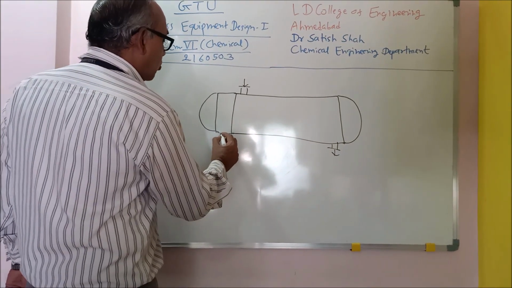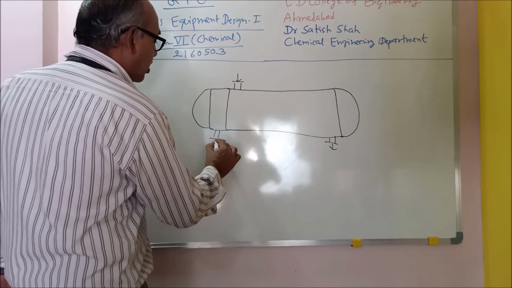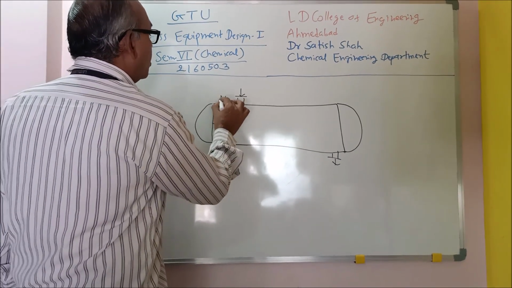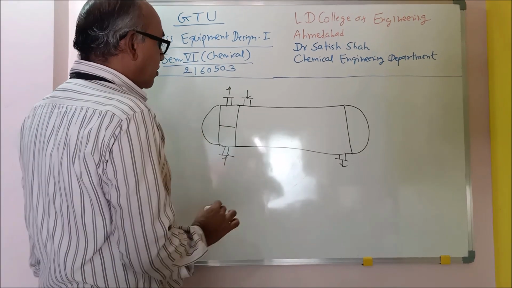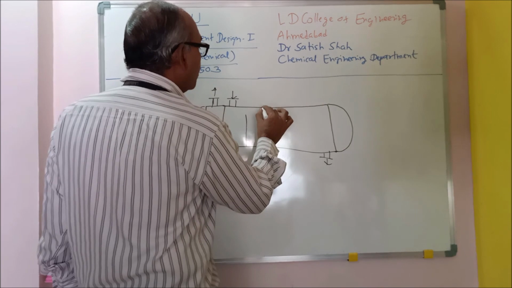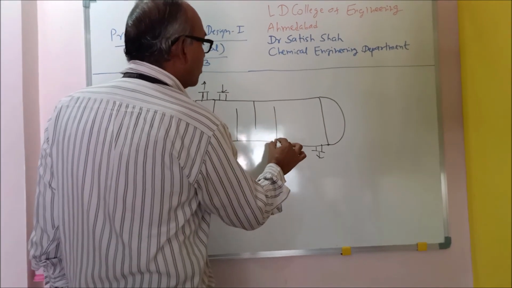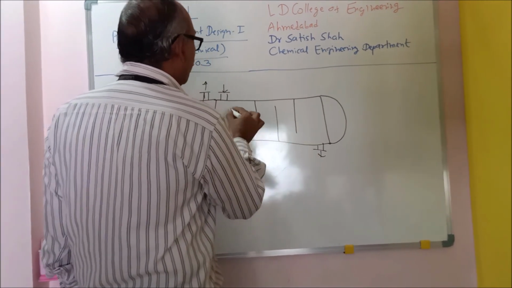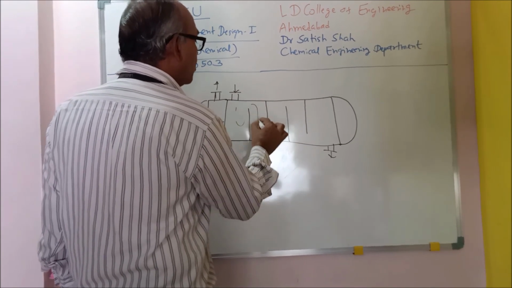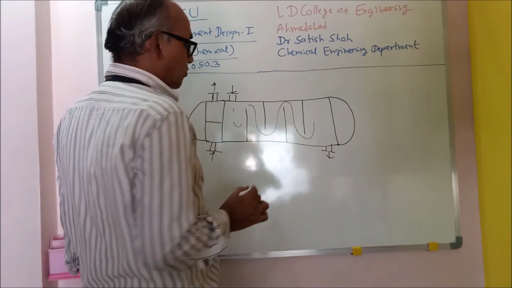Similarly, we have nozzles on the channel side or tube side, which are also for the inlet as well as the outlet. And then we have the baffles inside this, where the fluid will travel like this. So the fluid will travel like this.